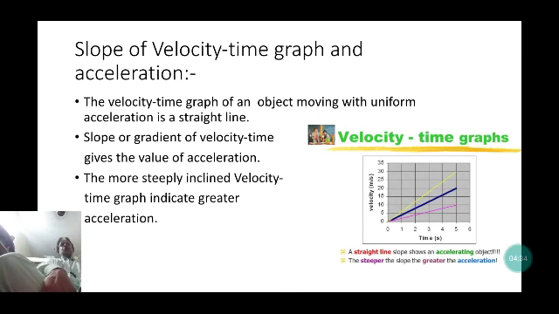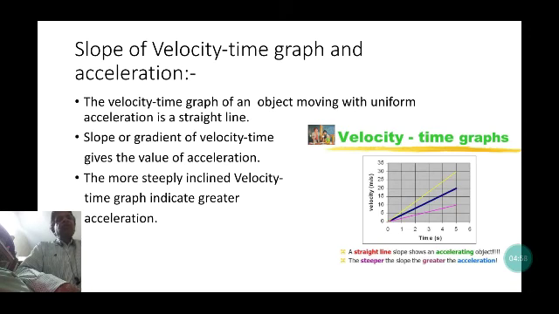Now, first you know that the slope of the distance time graph gives the value of speed. Now, what is the slope of the velocity time graph and which quantity does it express? That will be discussed. As you know, the slope can be obtained easily from the graph.